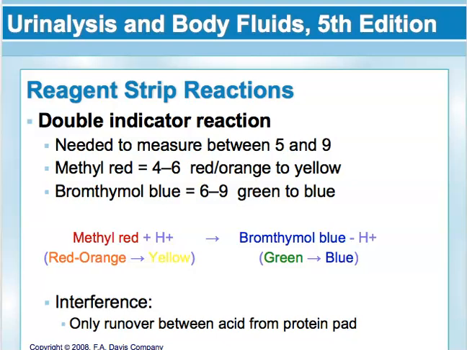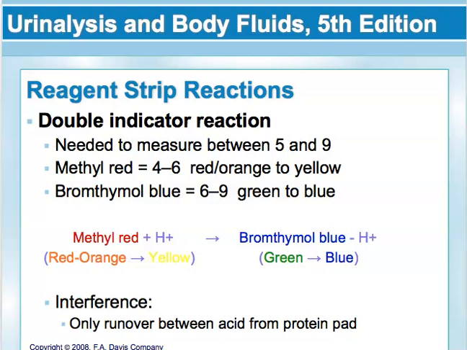So methyl red produces a color change from red to yellow in the pH range 4 to 6, and bromthymol blue turns from green to blue in the range of 6 to 9. So you'll see that color progression from orange to yellow to green to a deep blue as it passes along that pH scale.